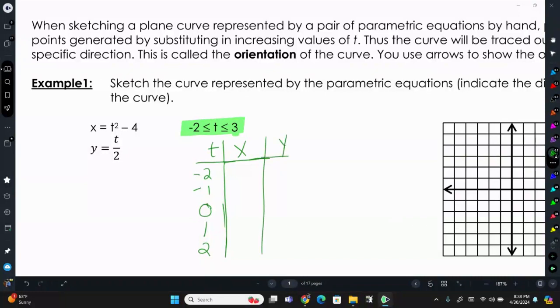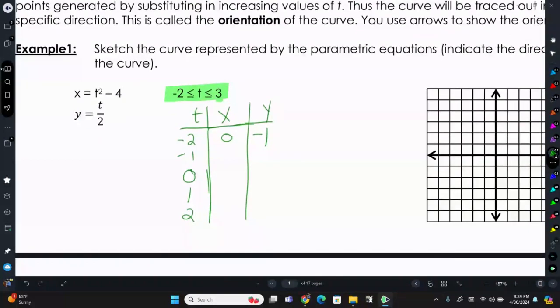So when we substitute negative 2 in for t in the x equation, negative 2 squared is 4. 4 minus 4 is 0. And then substituting negative 2 in for t in the y, we have negative 2 over 2, which is negative 1. So our first point is going to be plotted at 0, comma, negative 1.